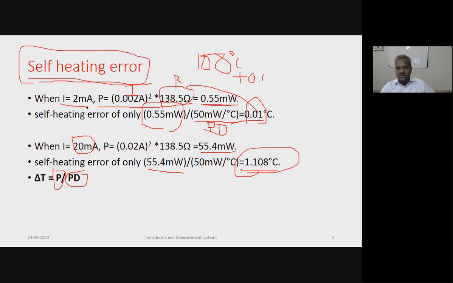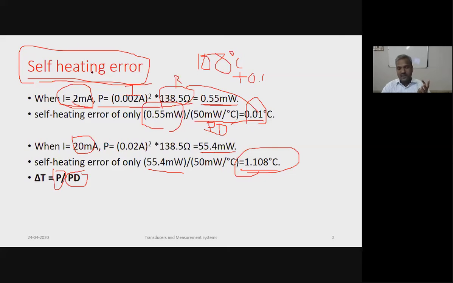Go for a lower current excitation. 5 volt is a constant voltage, but we have to provide circuitry so that the current passing through the RTD element is a low value. If you go for a higher excitation, the error will be more. So this is a very important specification.